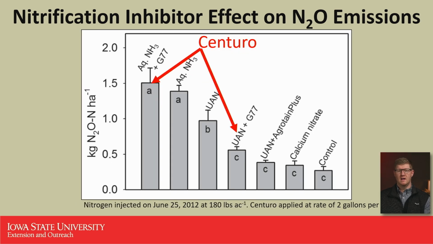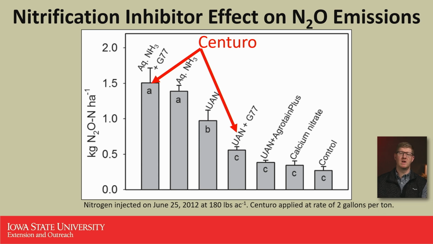And finally, the last study that I'll share with you on these N2O emissions was conducted back in 2012. What I'm highlighting here is the comparisons where they used Centuro. So those first two bars on the left, that was aqueous ammonia with or without Centuro. And then the second two bars there are going to be UAN with and without Centuro.